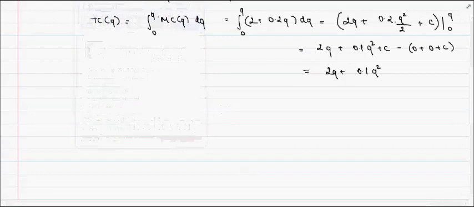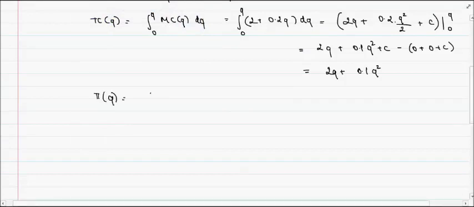Now the profit for the firm is equal to the total revenue minus total cost. We found earlier that total revenue is the area under the marginal revenue, and the total cost is the area under the marginal cost.